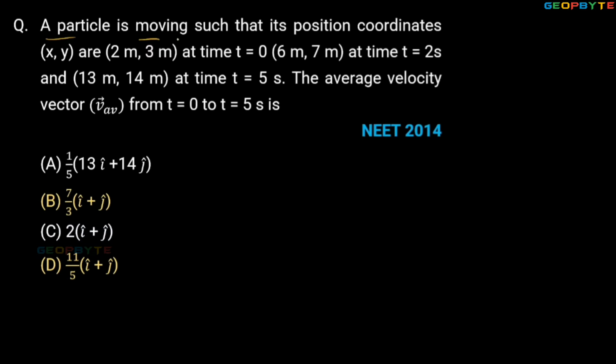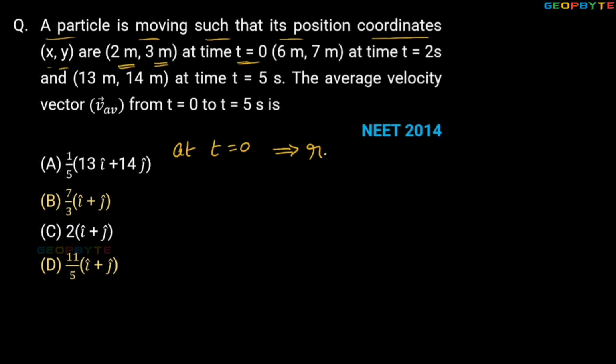Look at another important question. A particle is moving such that its position coordinates x, y are 2 meters and 3 meters at t equal to 0.